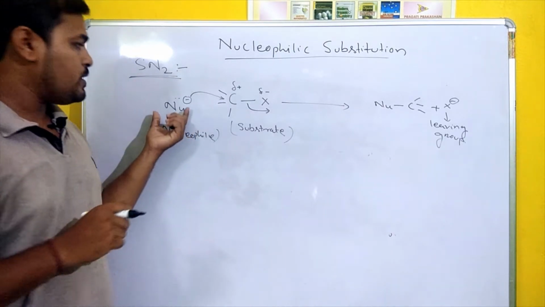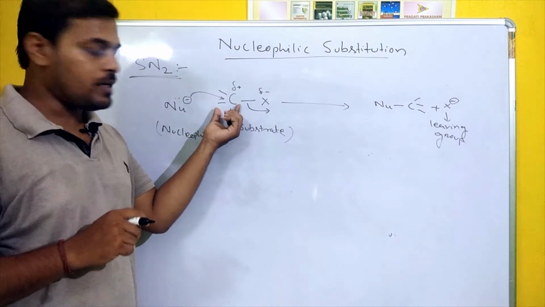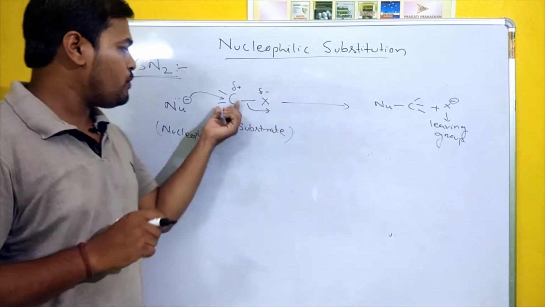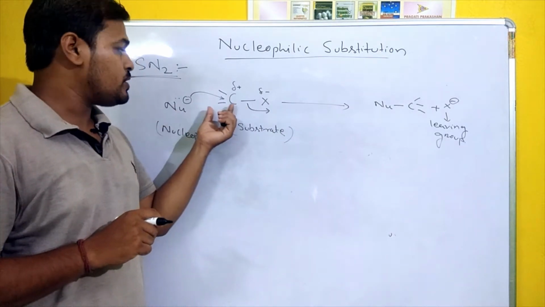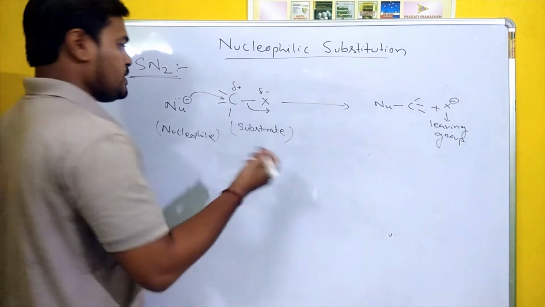What happened here? The nucleophile comes and attacks the partially positive carbon atom, the carbon-halogen bond breaks down and the nucleophile-carbon bond is formed. So the product is this.